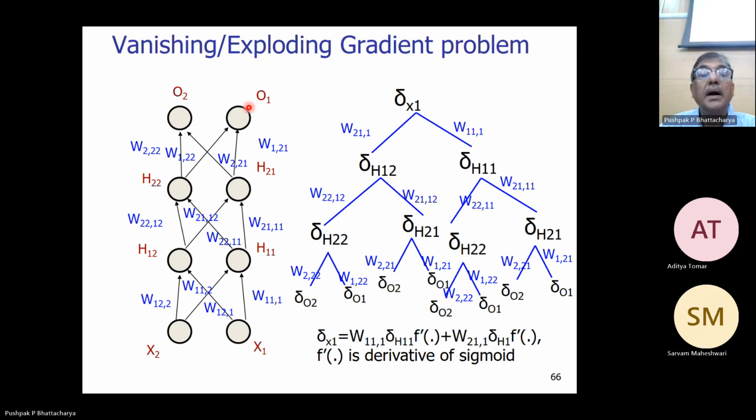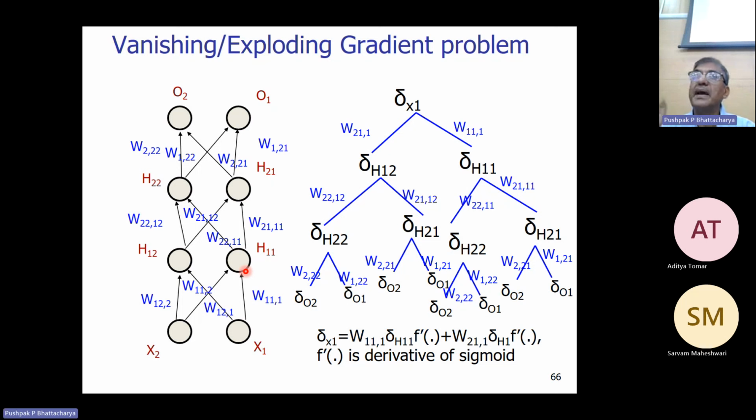By the time I come here, all the derivatives from the upward layers keep getting multiplied and accumulated here. Now, all these derivatives, at least for sigmoid neuron, are between 0 and 1.